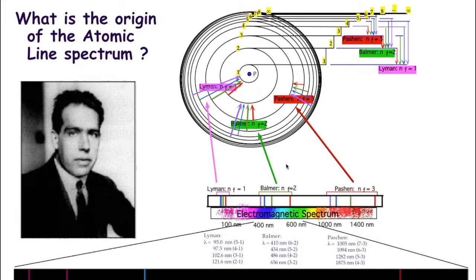So just imagine we have a hydrogen atom with one proton right here, and one electron, let's say right here. If we follow just one hydrogen atom and we excite this electron with some sort of radiation, let's say it jumps up to the 3rd energy level.